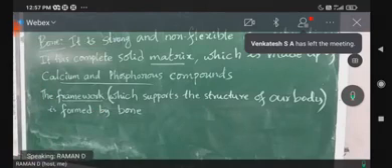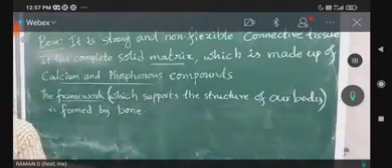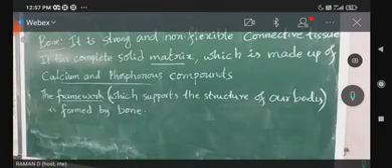The framework supports the structure of our body. This framework is formed by bone.